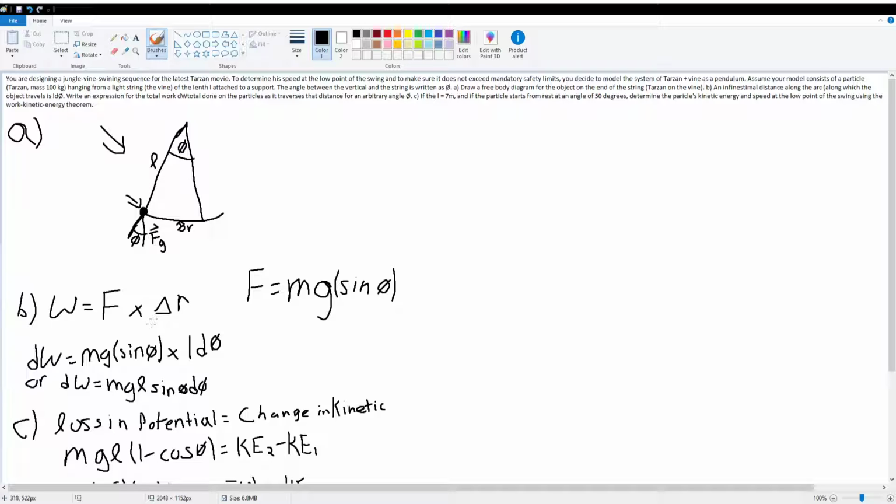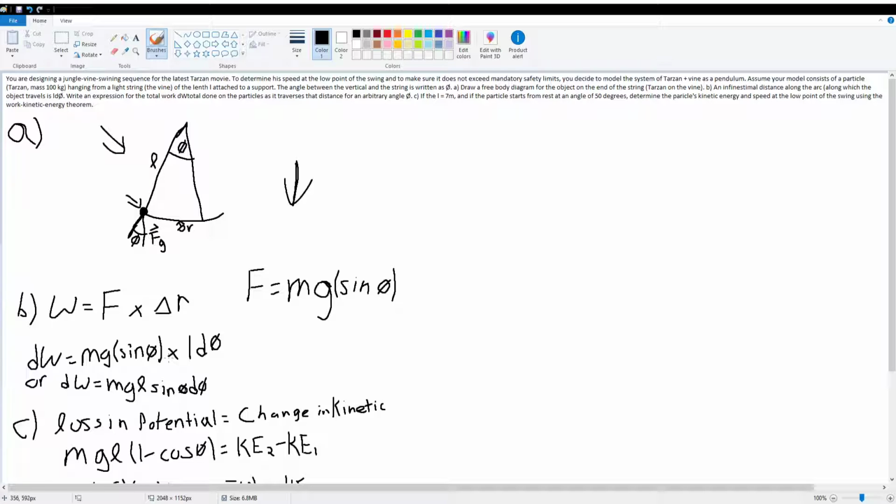And for this specific problem, our force is the mass of Tarzan times gravity times the sine of theta, because that is in the y direction, because the only force acting on him is gravity, which is pulling down in the y direction. So that's why we're using sine here.